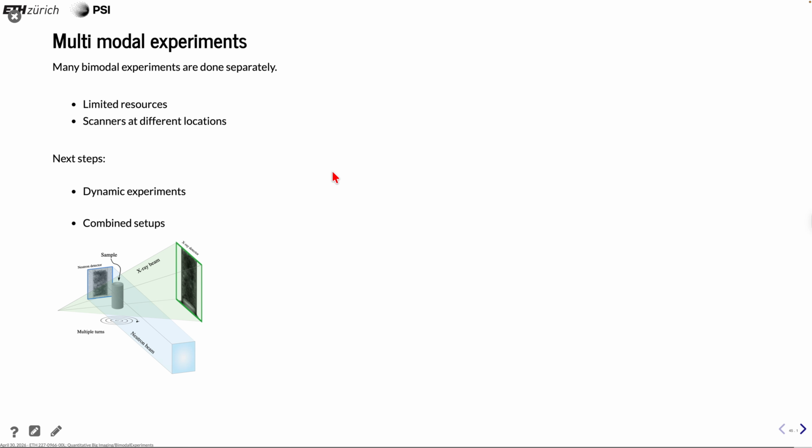The multimodal experiments are built up in different ways, but it can be that many multimodal experiments are done separately. So you do one scan at one scanner and the other scan at the other place. And that's because you have limited resources. You can't do it in one step.